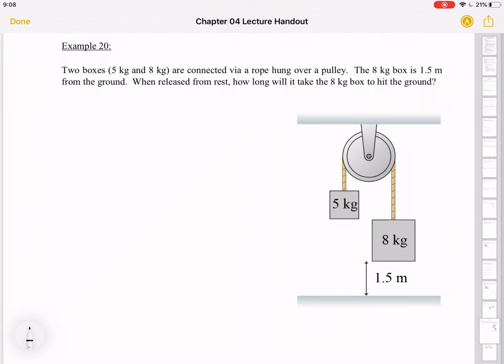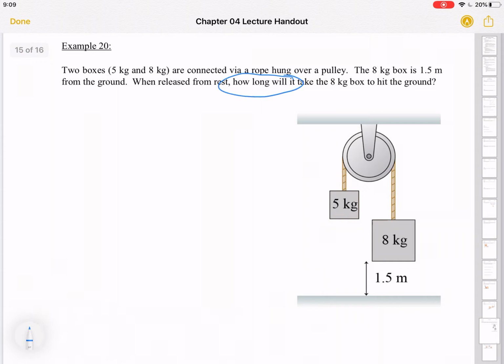So here's a dynamics example that involves two blocks that are connected over a pulley by a rope. The system is released from rest, and the question is, how long does it take the box to hit the ground? That sounds like a kinematics question, right? How long?